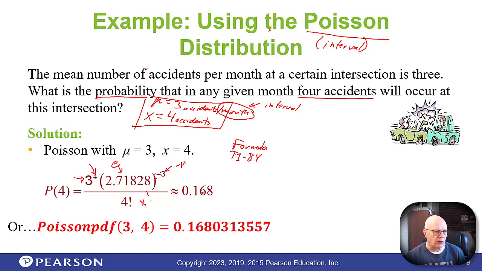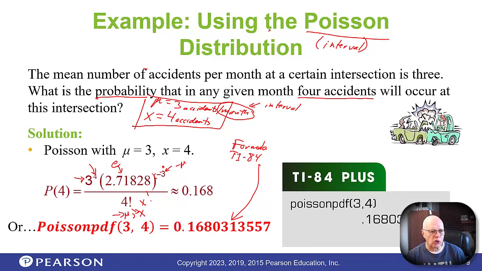Or use the TI-84 like I do. The average goes first, or the mean, and the number we're interested in goes second. And in most of your calculators, it asks you for mu and x, so you know which to put in where.